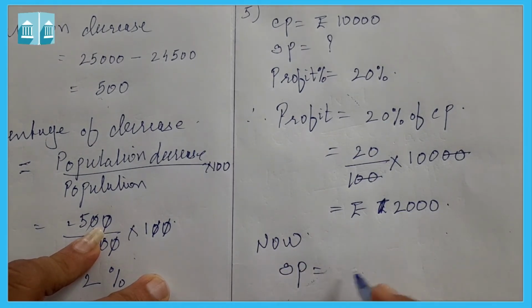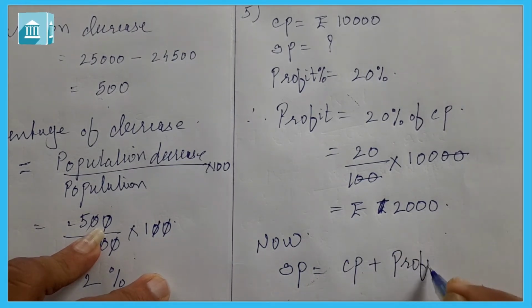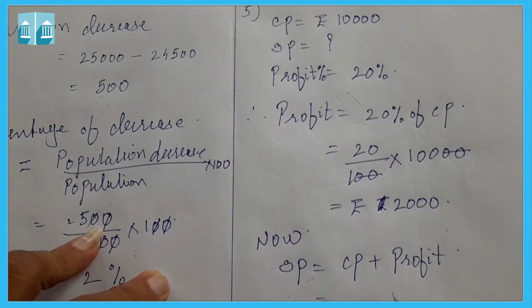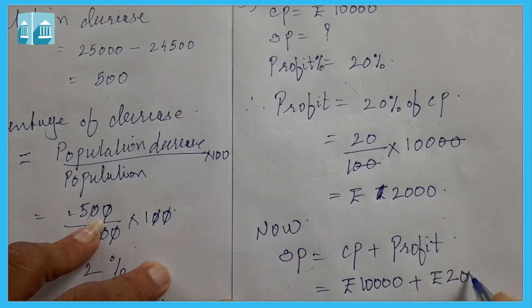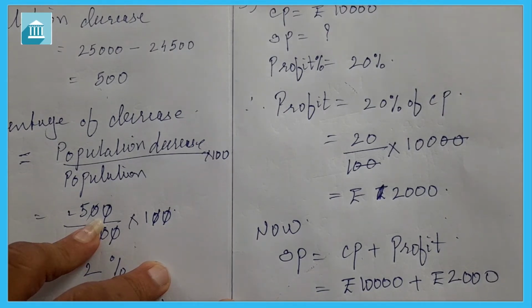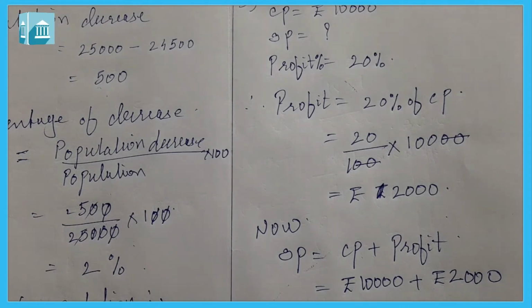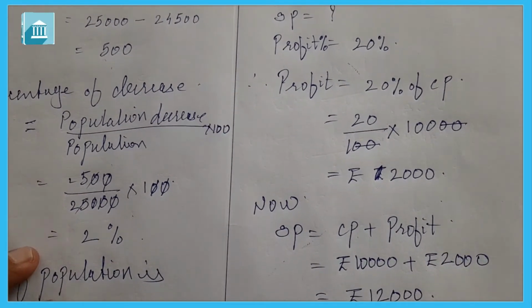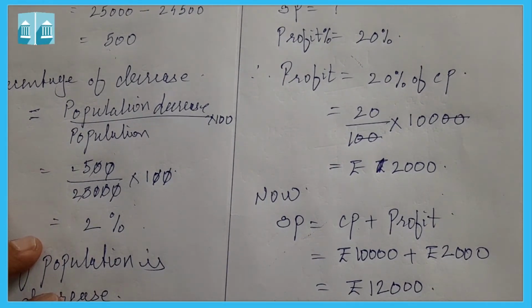SP is equal to CP plus profit. This is the formula for SP. So here CP is rupees 10,000 plus profit is rupees 2,000, that is equal to rupees 12,000. So the answer is rupees 12,000. He gets rupees 12,000.